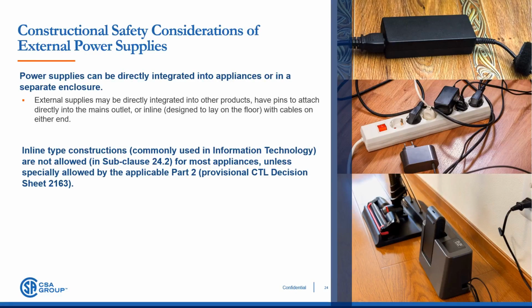In fact, this question has been raised in Provisional CTL Decision Sheet 2163. The reason for this requirement in subclause 24.2 in the 6th edition of IEC 60335-1 stems from the principle that if a part of the appliance is necessary for compliance, it should be controlled, either by being internal to the enclosure or by not being readily replaceable.